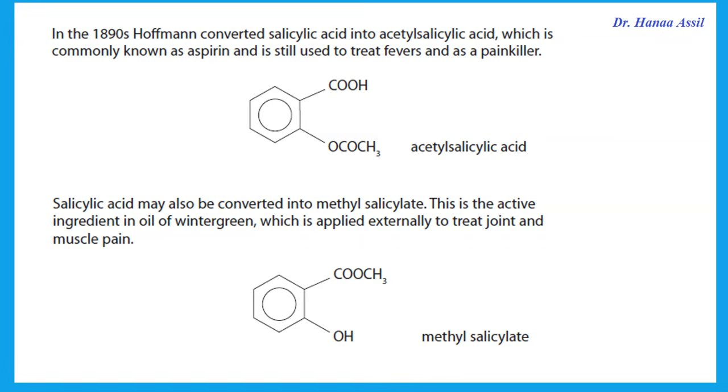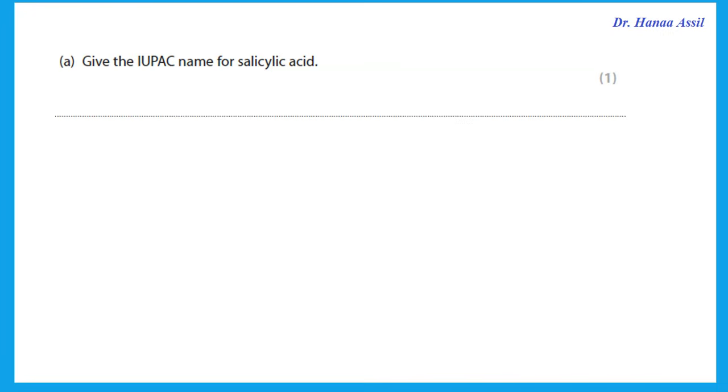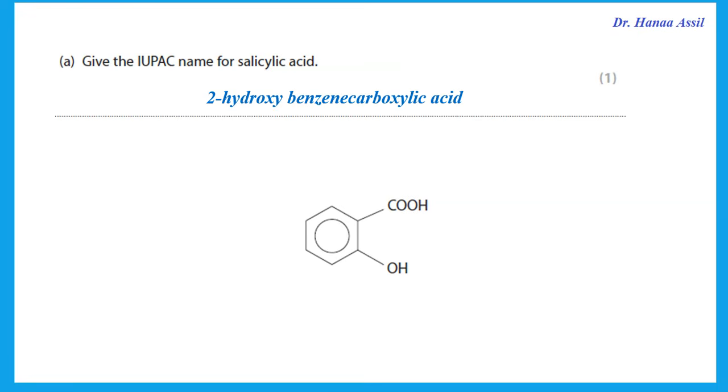Salicylic acid may also be converted into methyl salicylate. This is the active ingredient in oil of wintergreen, which is applied externally to treat joint and muscle pain. Now, the first question is, give the IUPAC name of salicylic acid. So how would we name this compound?